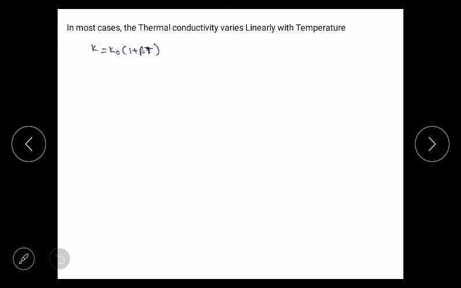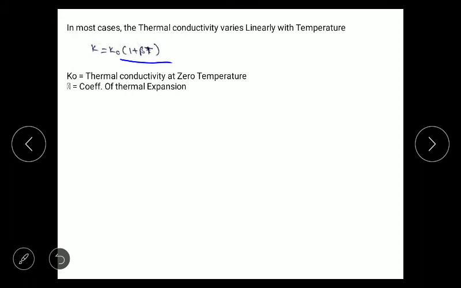Here in this equation, k naught is the thermal conductivity at zero temperature and beta is a coefficient of thermal expansion. K varies linearly with respect to temperature. As the temperature increases, K value might increase or decrease depending on the beta value, coefficient of thermal expansion, which is different for different materials.